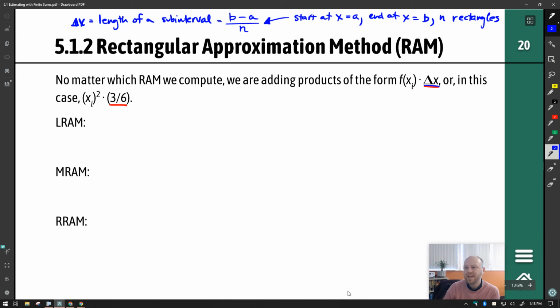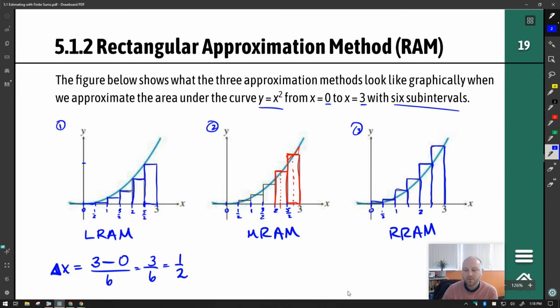So what about the f of x sub i? Well, x sub i stands for your index. This is either the left side or right side or midpoint as you move from 0 to 3. So if we go back to this previous slide, I'm going to come in here in green now.